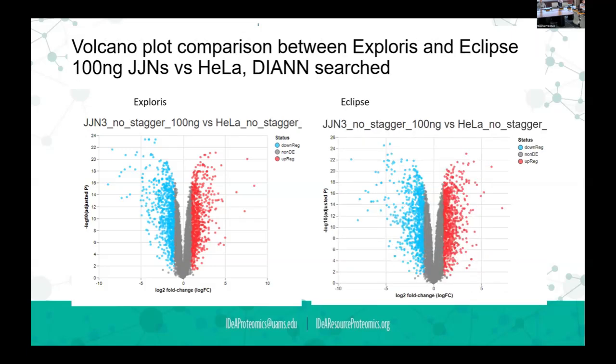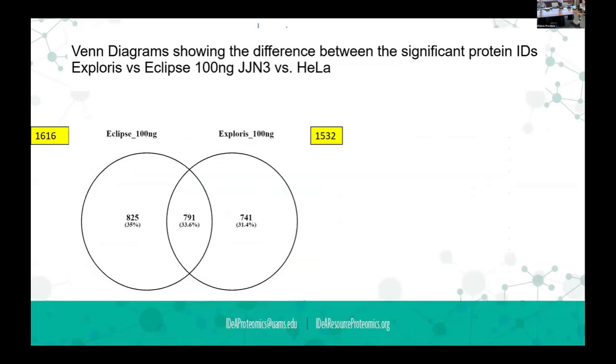Anyway, I did this again, only this time between the Exploris and the Eclipse. There, the numbers of proteins identified are much more similar. When we do our DIA, we can do DIA on the Exploris or on the Eclipse, and we get comparable results. They're not exactly the same, but they're much more similar. And the overlap here is a little bit better.